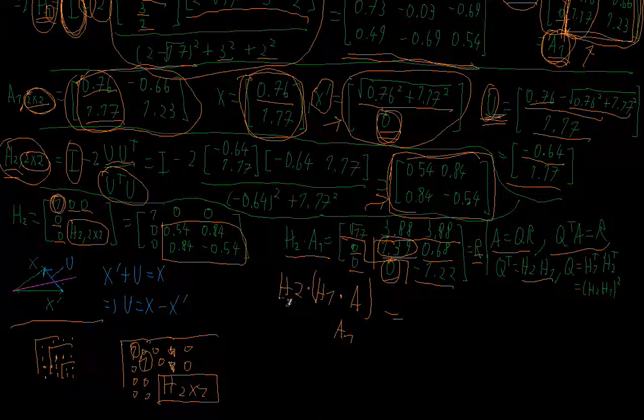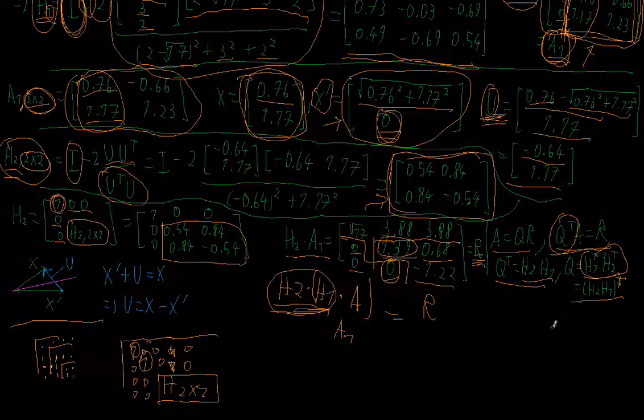Because we know that here we applied H1 and H2 to A, and we got the upper triangular matrix R, and we know that Q transpose A is equal to R, because, remember that Q is orthogonal, so its inverse is its transpose, and so we know that Q transpose is equal to H2 times H1, and so Q is equal to (H2 times H1) transposed, which is simply equal to H1 transposed times H2 transposed, according to the rules.